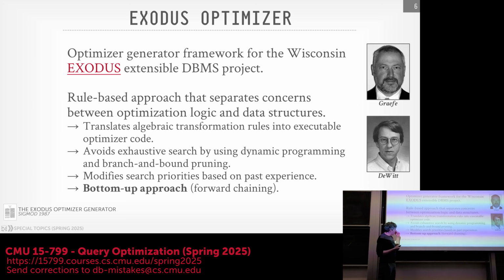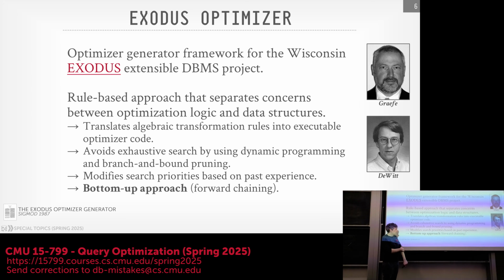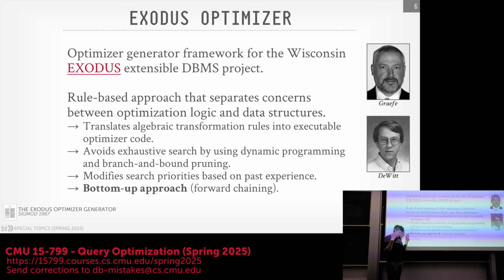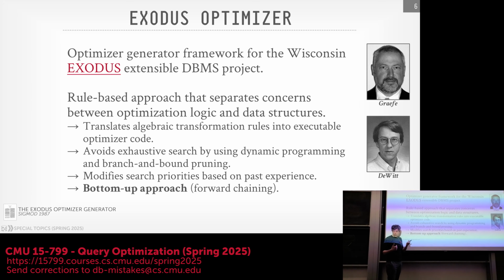One of the cool things that Exodus is going to do that Volcano isn't going to do, and Cascades doesn't do, but we'll see later in the semester, is that they're going to try to learn the ordering of how to apply the rules and the effect that a rule may have on the cost model from past experiences.